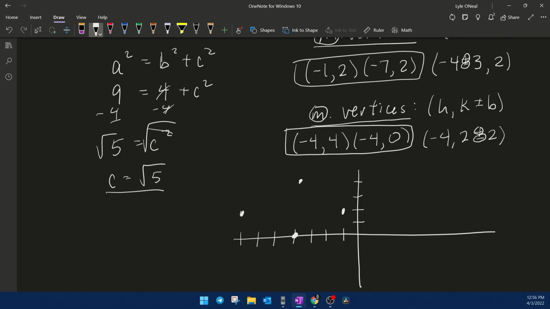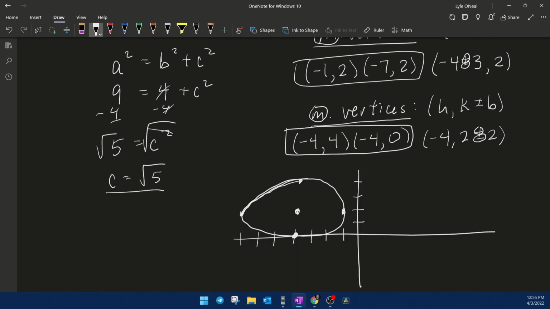And then we're going to connect the dots and make it look sort of like an ellipse. There we go. Not very good at the hand-drawn ellipse, but you get the idea. Again, we can check the center if we want. The center should have been at negative 4, 2, which looks like the center.